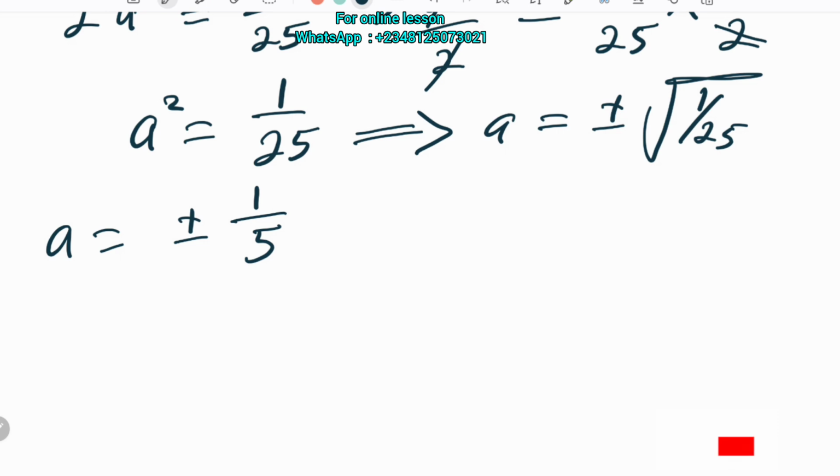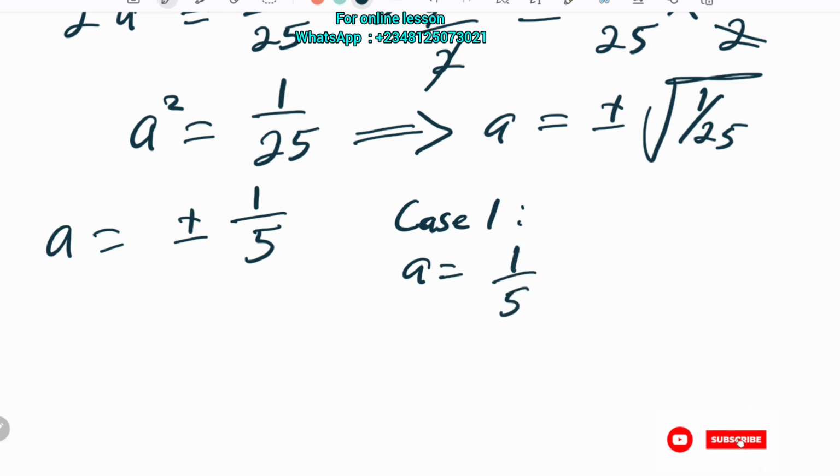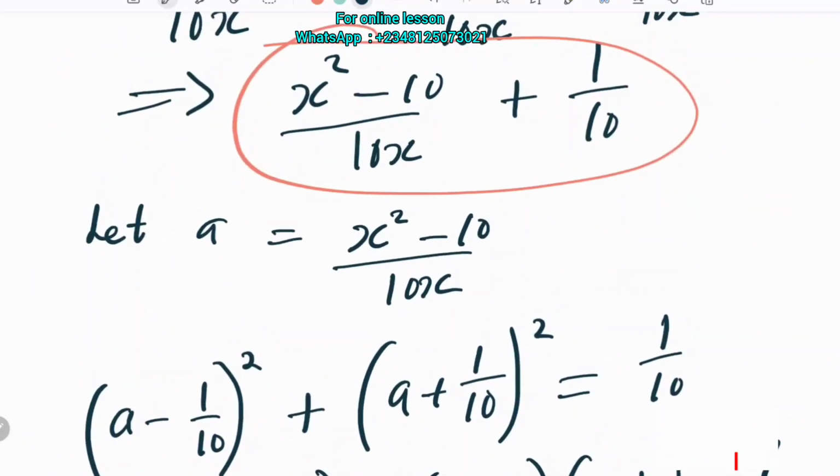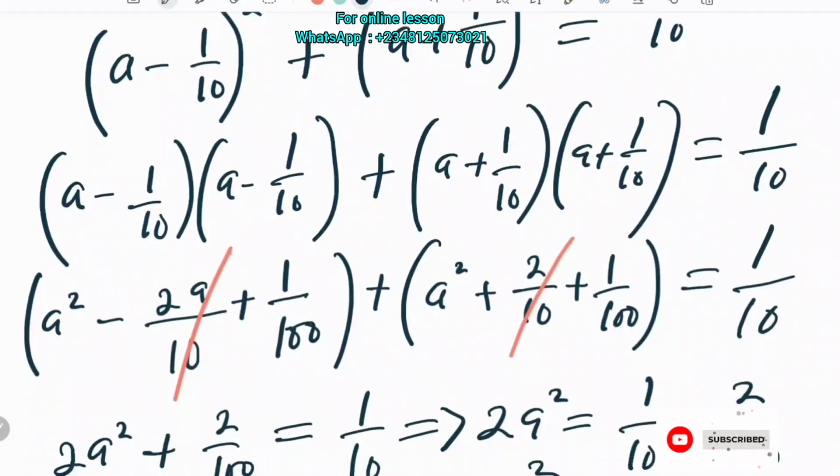Now let us go and solve for x. I'm going to be having two cases here. Case 1, we have a equal to positive 1 over 5. So we are going to substitute this into that expression. Remember that we said that a equal to x squared minus 10 all over 10x.